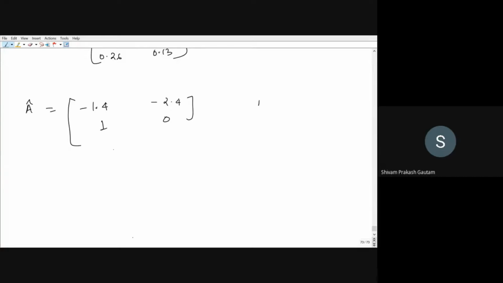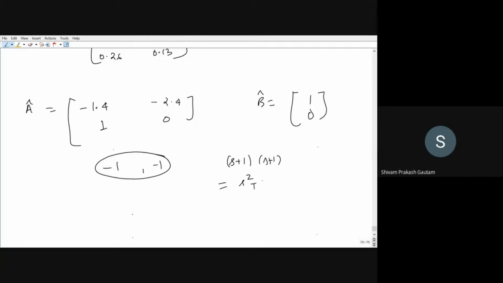This is the A matrix, and the B matrix is given by 1 and 0. So this is the A cap and B cap matrix. Now you have to find poles at -1 and -1. If poles are at -1 and -1, that means S plus 1 and S plus 1. If you multiply this, it will be S square plus 2S plus 1. So this will be your equation according to which you have to find the pole location.